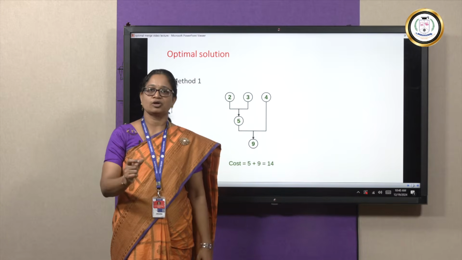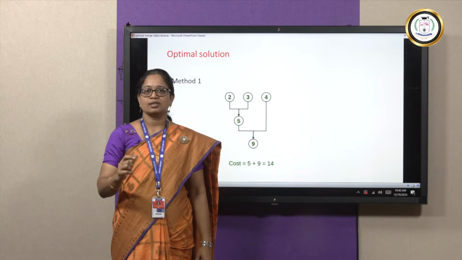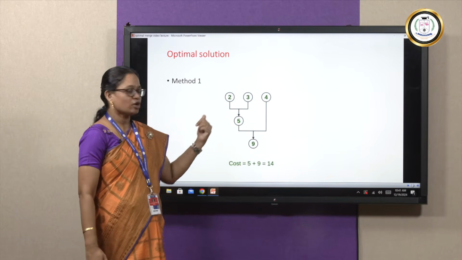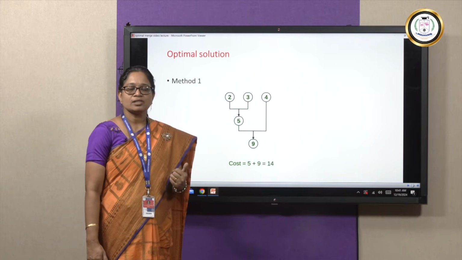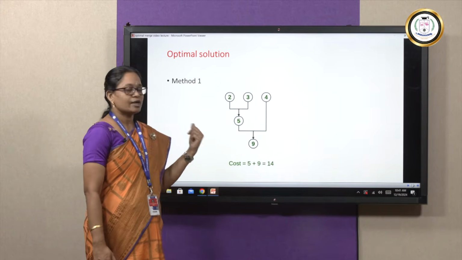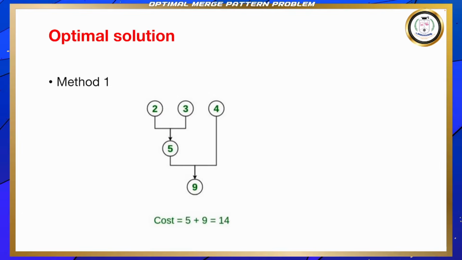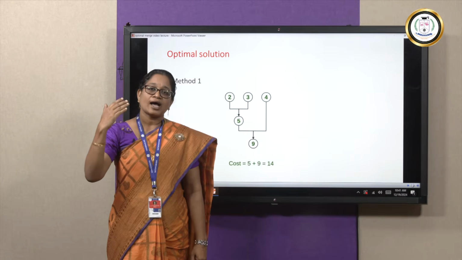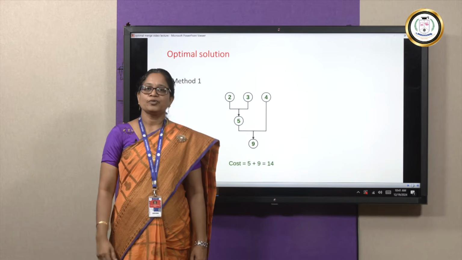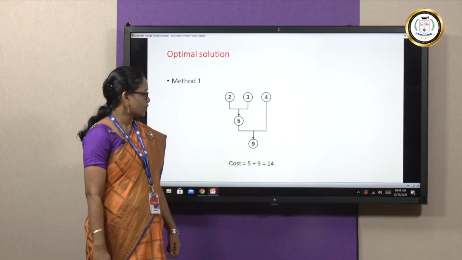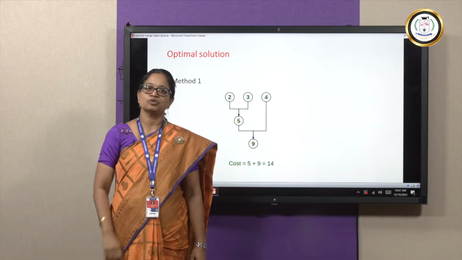Here 2 and 3 are merged, and the number of comparisons is 5. This resultant file is again combined with the next smallest file, that is 4. The number of comparisons is 9. You add all the computations done, and that will be the total cost, that is 5 plus 9, which is equivalent to 14.